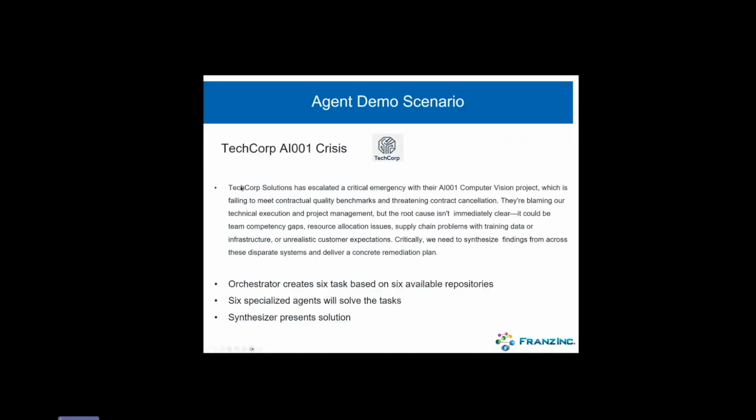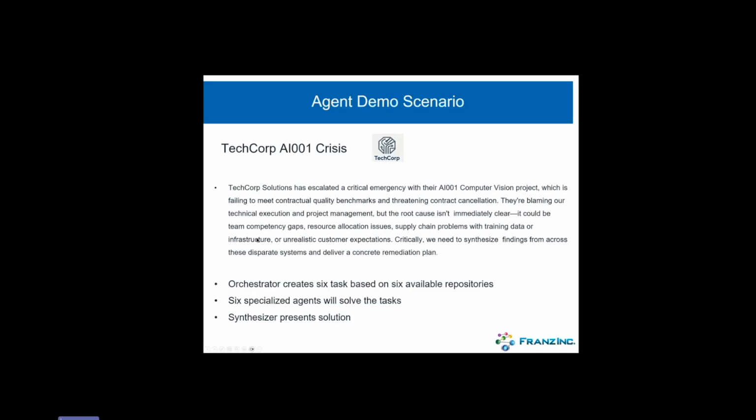So the scenario in my demo is that you're a big company and you have an AI department, and one of your customers is TechCore. TechCore Solutions escalated a critical emergency with their computer vision project, which is failing to meet contractual quality benchmarks and threatening contract cancellation. They're blaming technical execution and project management, but we don't know why.